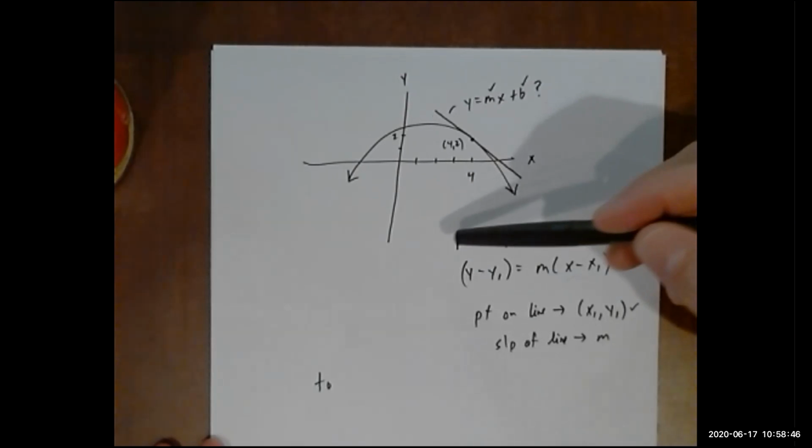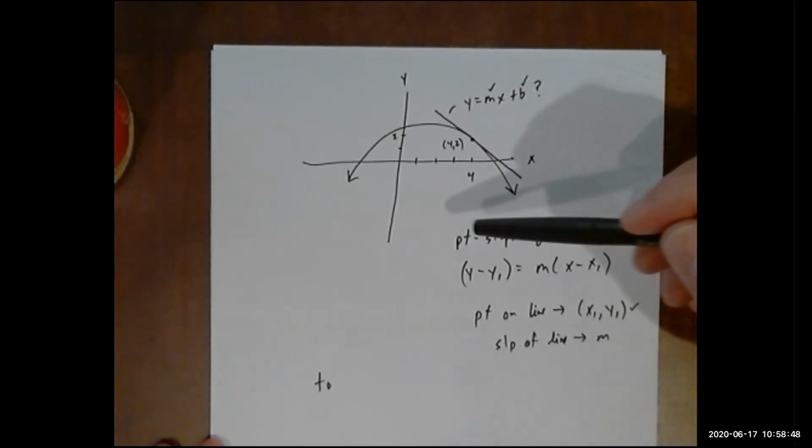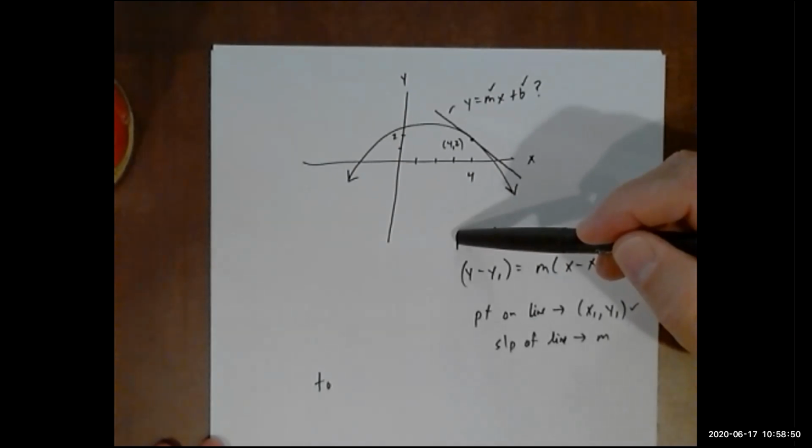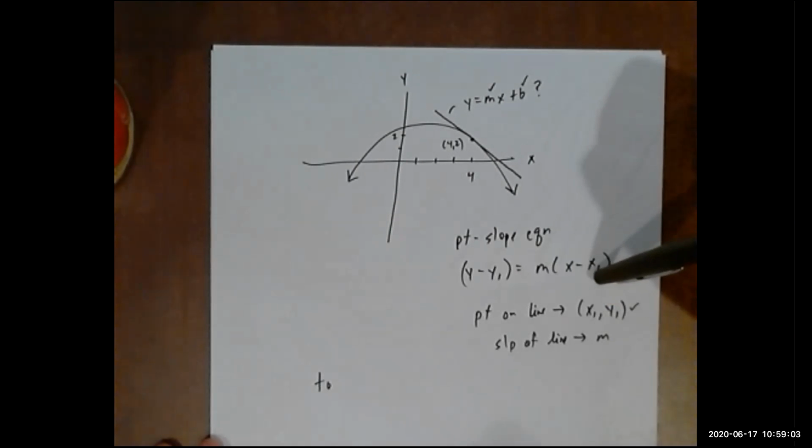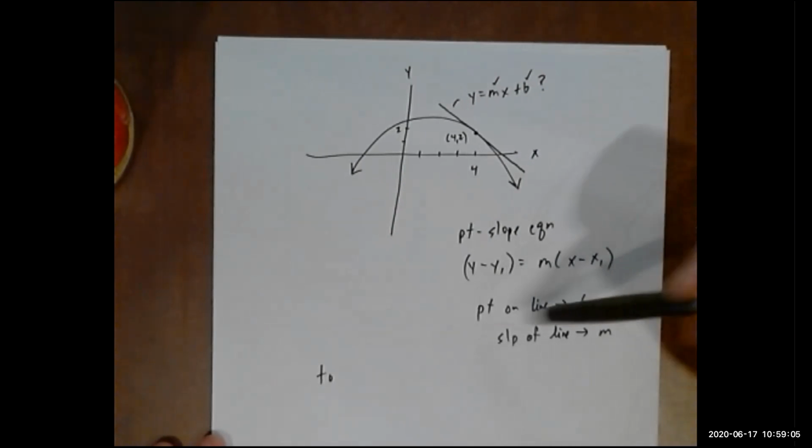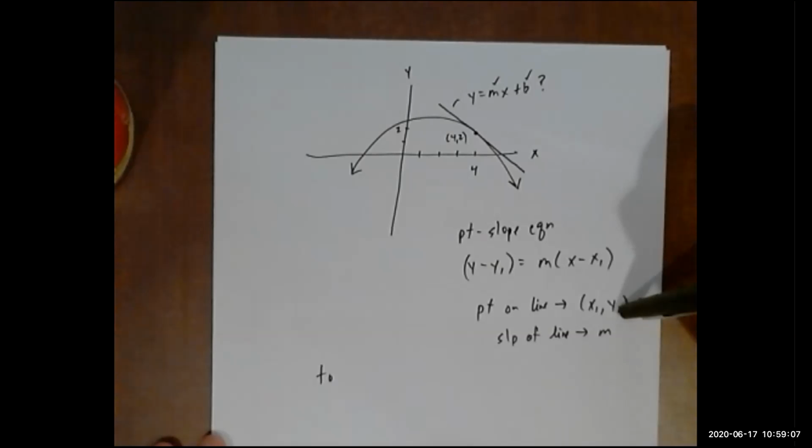The reason it's called the point-slope equation is because if you have a point on your line, and if you know the slope of the line, then with that information, you can come up with the equation of the line. So here's the equation. Your point is x1, y1.